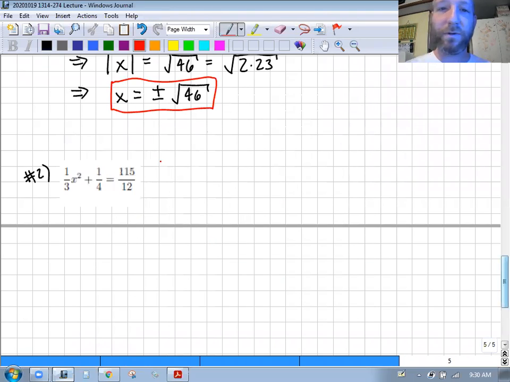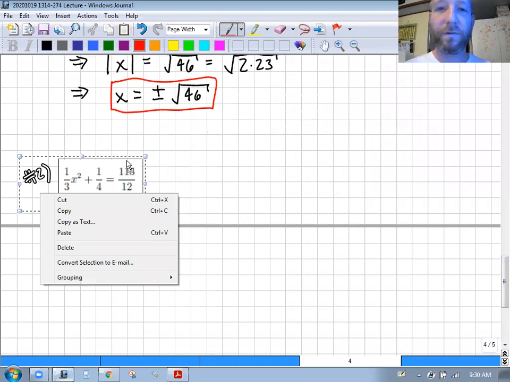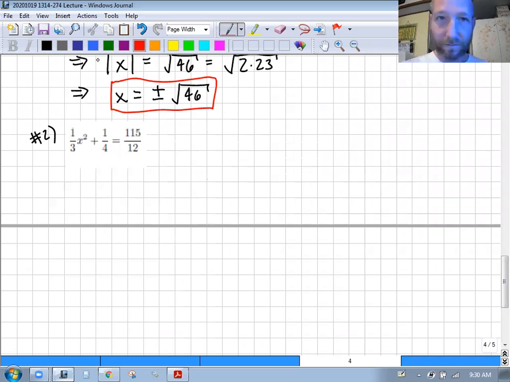Now for number 2. See if we add 1/4 to both sides. We got 1/3 x squared is 115 over 12 minus 1/4.